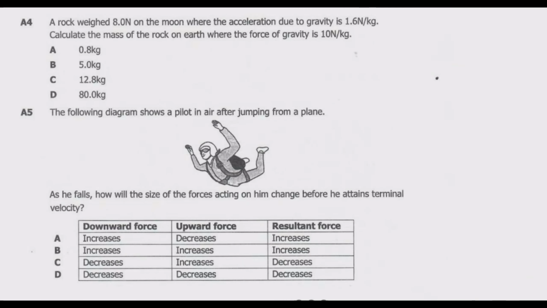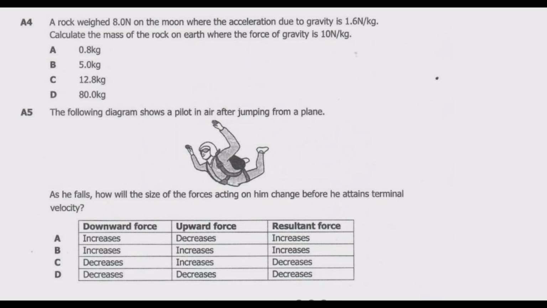Let us look at question 4. A rock weighed 8 Newton on the moon where the acceleration due to gravity is 1.6 Newton per kg. Calculate the mass of the rock on Earth where the force of gravity is 10 Newton per kg.